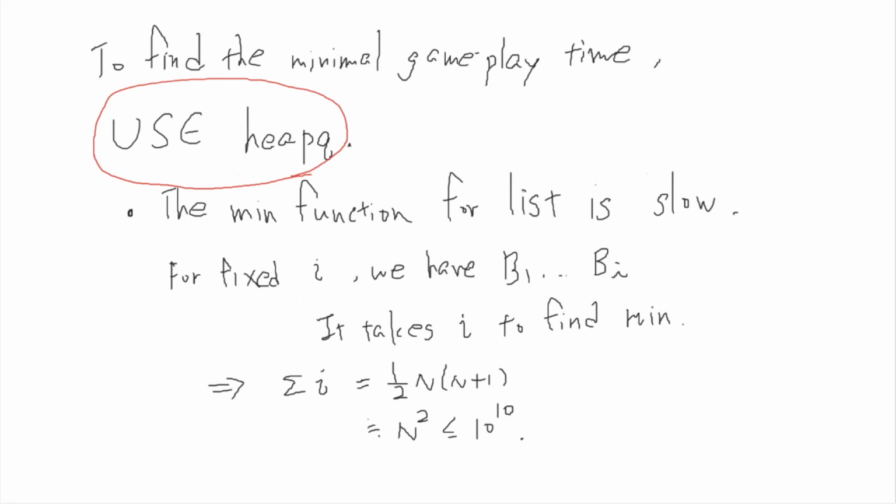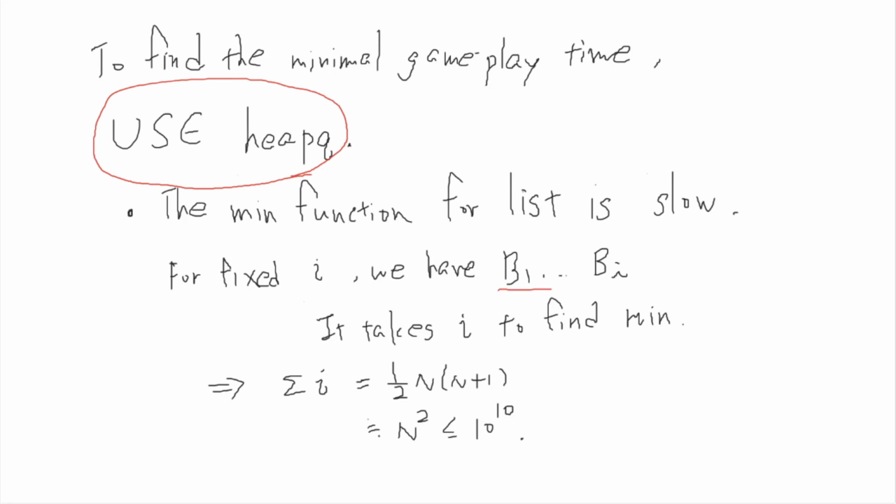That's because the min function for a list is too slow. If you want to find the minimal gameplay time for each i, we have B1 to Bi.